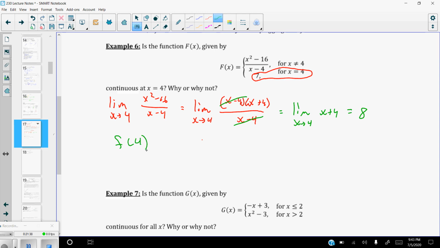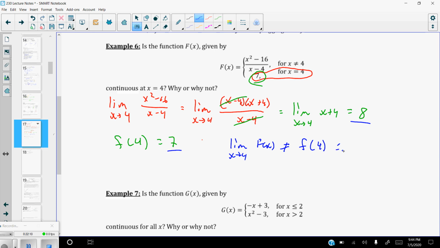Well, f of 4 is the one right here. That's defined to be 7. Does f of 4 equal the limit as x approaches 4? No, definitely not. One of those is 7, one of those is 8. These are different. Therefore, f of x is discontinuous at x equals 4. So what we would say is the limit as x approaches 4 of f of x does not equal f of 4.